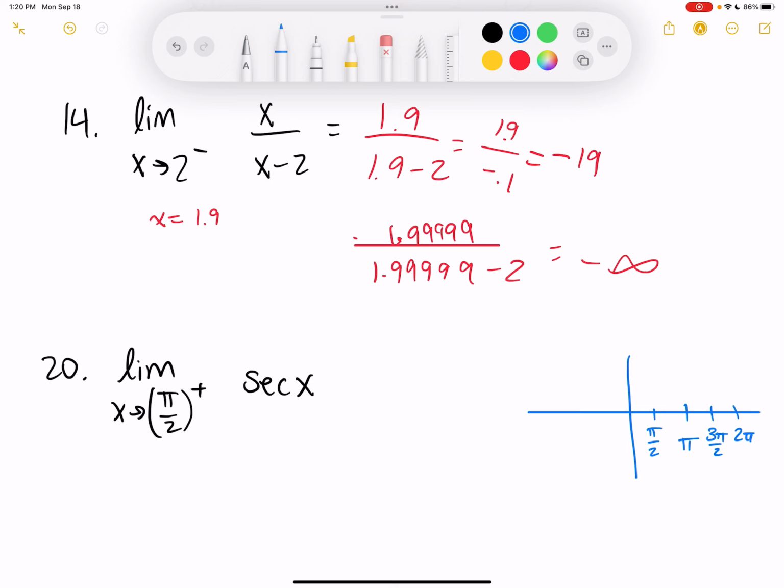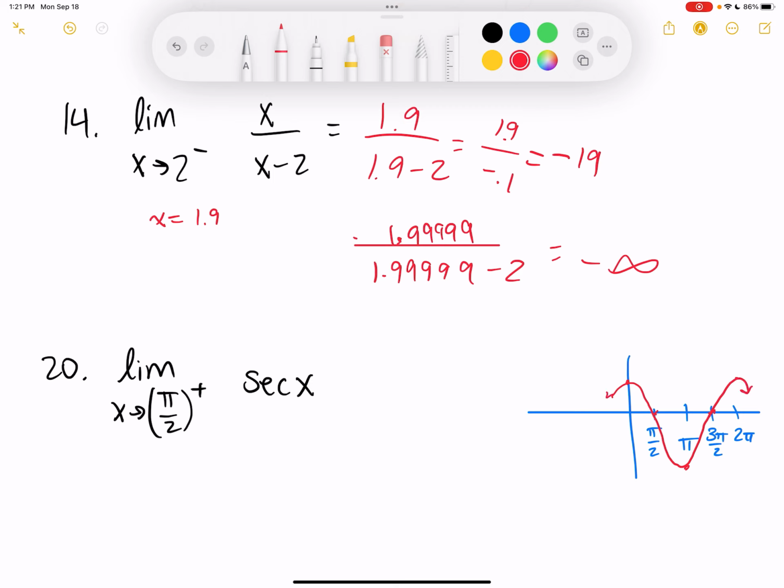So if we were to graph cosine, it would go the opposite ways of the humps of cosine. So cosine would be like that.